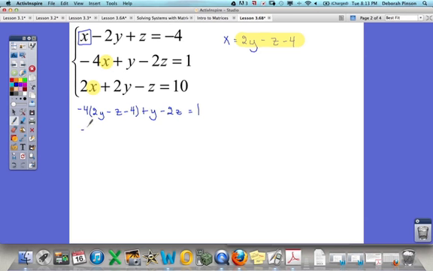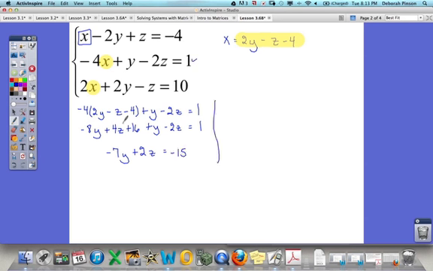I'm just going to clean it up a little bit, so distribute out. Combine like terms, so -7y plus 2z equals -15. Okay, so that's great.